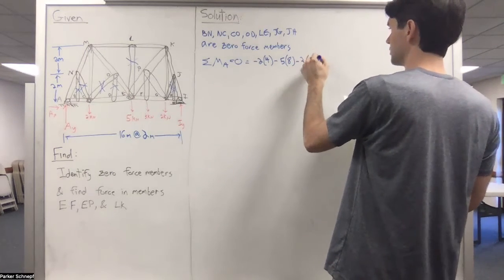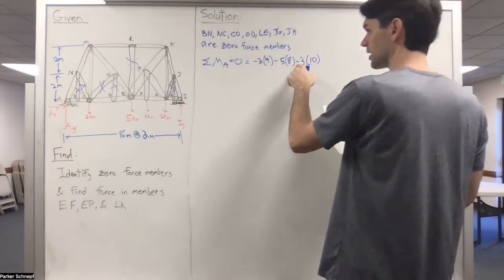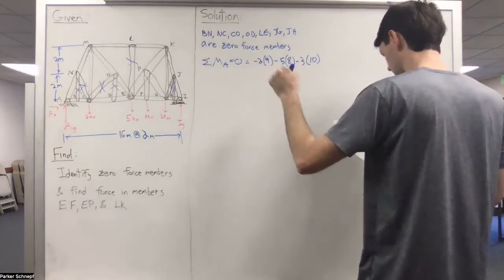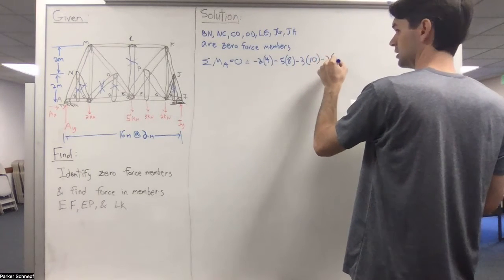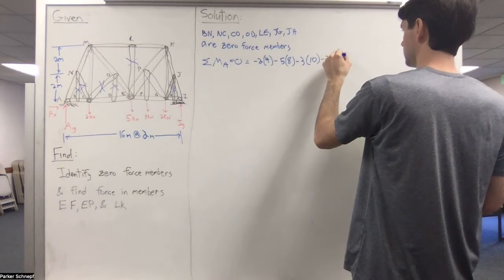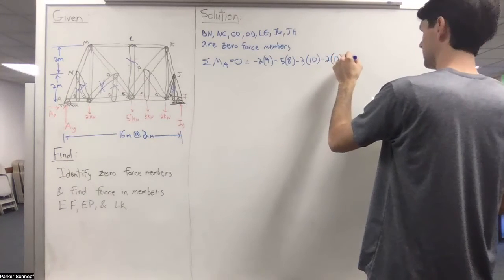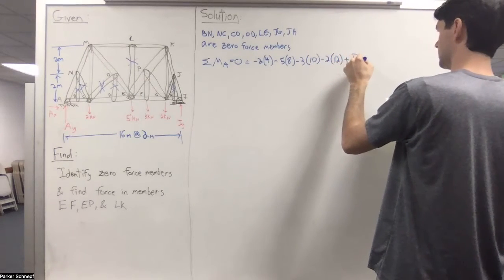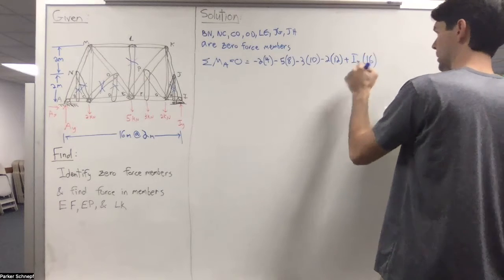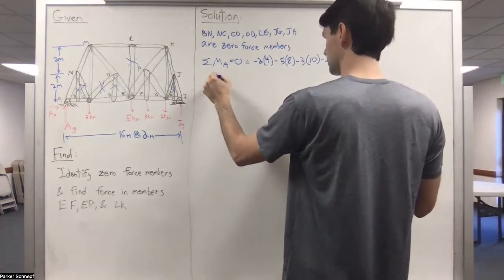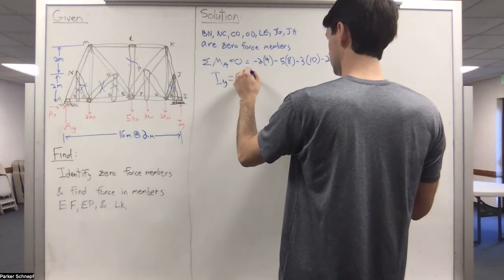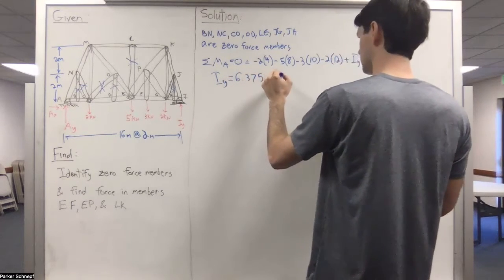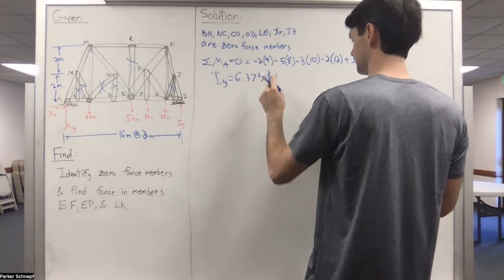And again, I'm determining the sign, whether that's positive or negative, by the right hand rule, not just because it's pointing down. -2 times 12 and plus IY times 16. So I can do all that math and end up getting that IY equals 6.375 kilonewtons.